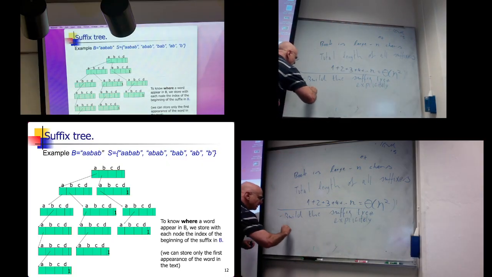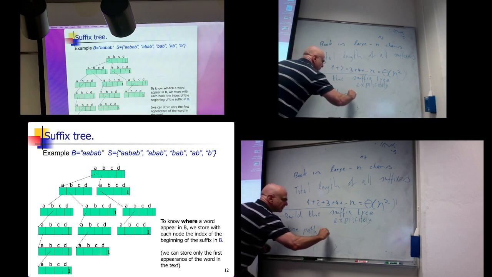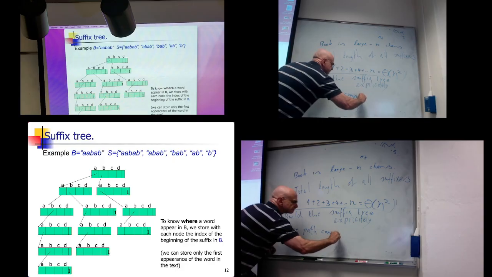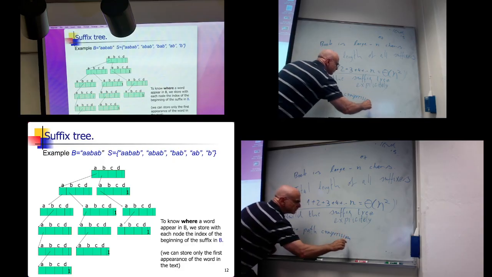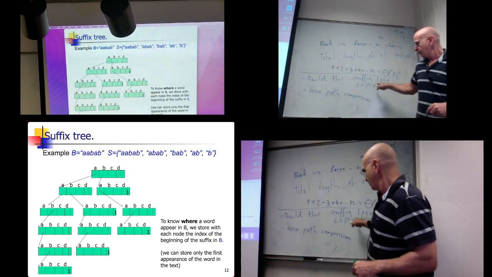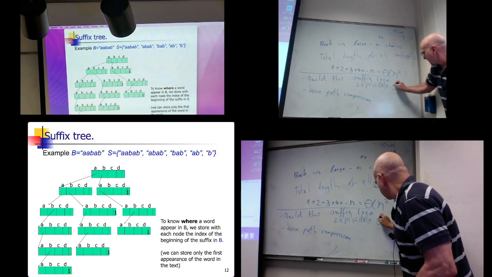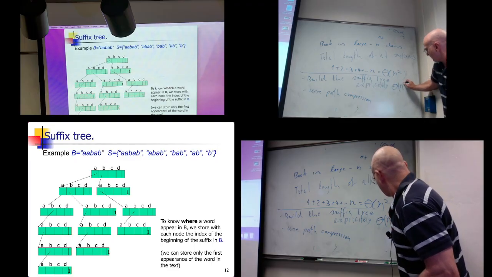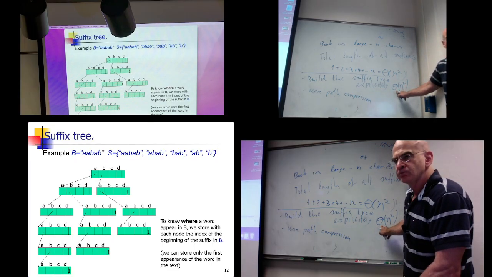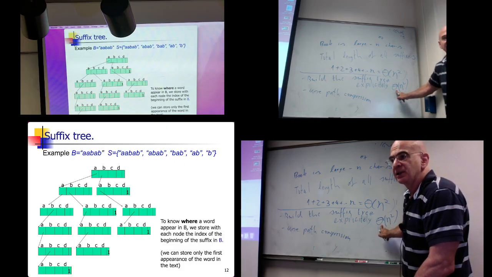And now use path compression plus one very, very simple trick that we are going to use in this path compression. The first part will take theta of n squared memory. So temporarily you'll need a lot of memory.